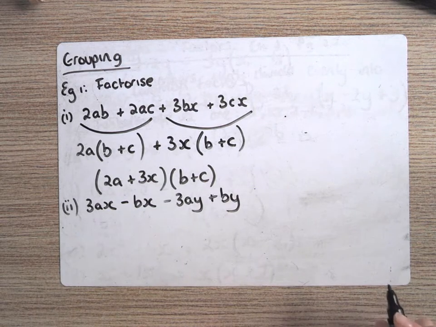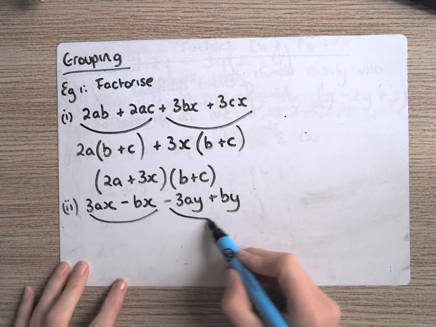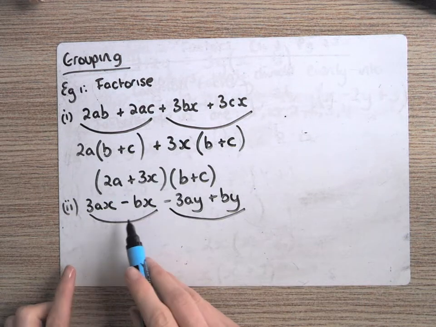Okay, here's my second sum. 3ax minus bx.